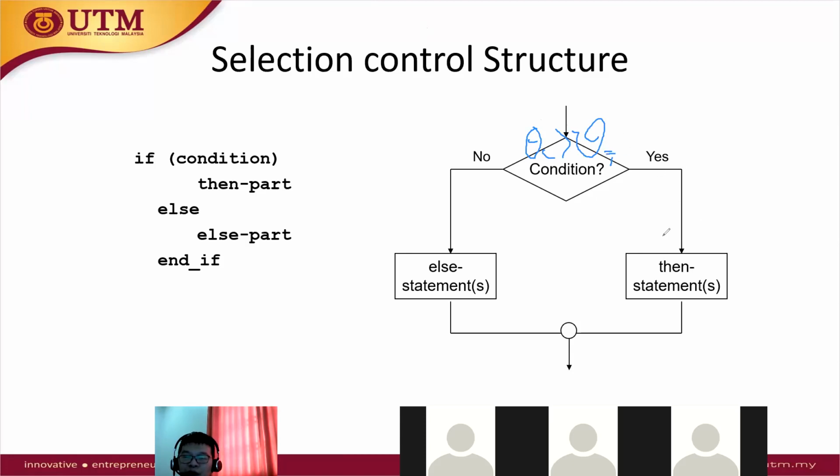If yes, it means what? If the current temperature is greater than the target temperature, what happened to your system? What happened to the room temperature condition?